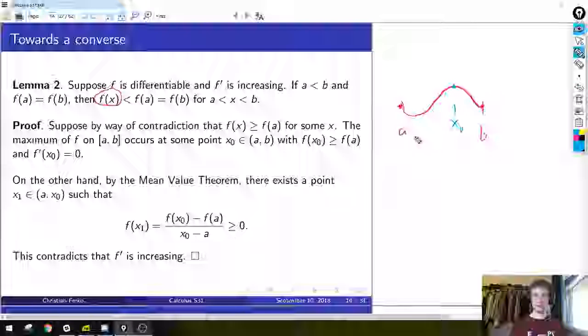But now comes the clever trick. We're going to use the mean value theorem. What are we going to apply the mean value theorem to? Well, remember, the mean value theorem tells you that there has to be some point in this interval where the tangent line slope is the same as the secant line slope. What secant line slope do I mean? I specifically mean the secant line slope connecting a with x0.